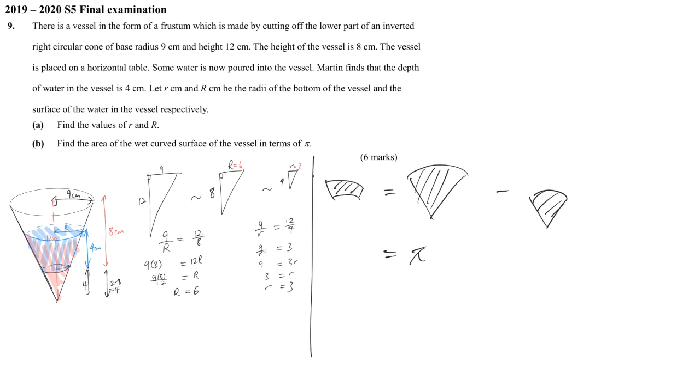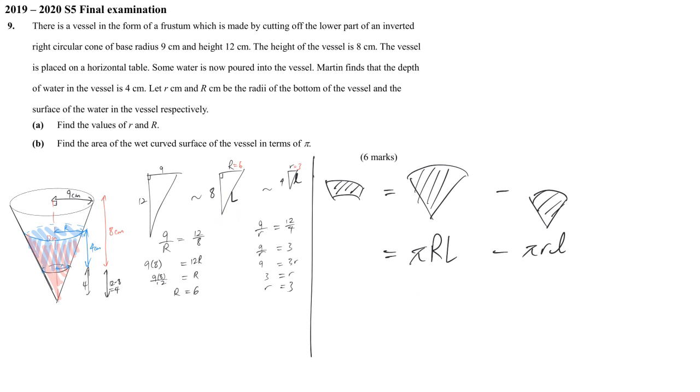R here is the capital R. That is the formula of our curved surface area, and then minus pi rl of the smaller one. Usually we use small r and small l, but in this question, to identify the difference, we write down capital L here. L is the slant height.